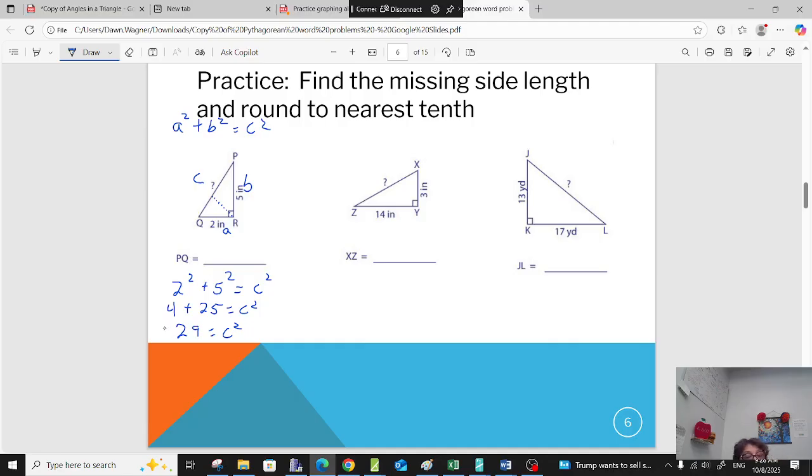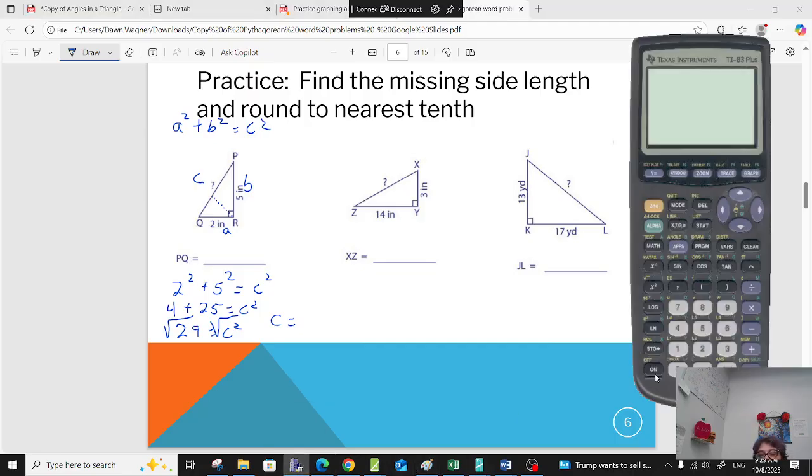You have to take the square root of both sides so you get what C equals. So you take your handy-dandy calculator, and it's said to round to the nearest 10th, so I'm going to use the calculator for that. If it said exact answer, then I'd have to leave it in and simplify like I did in the do now.